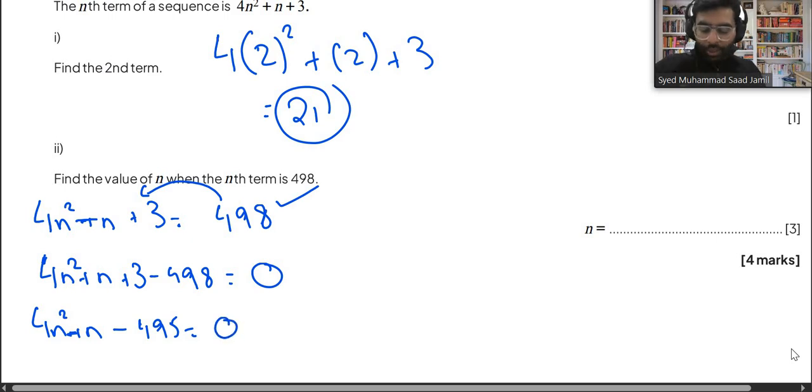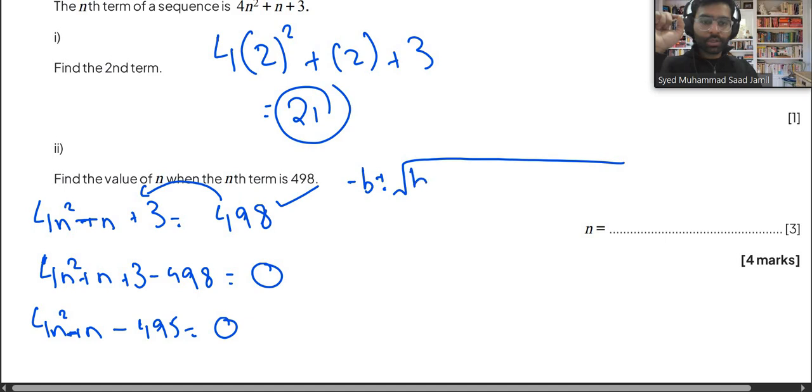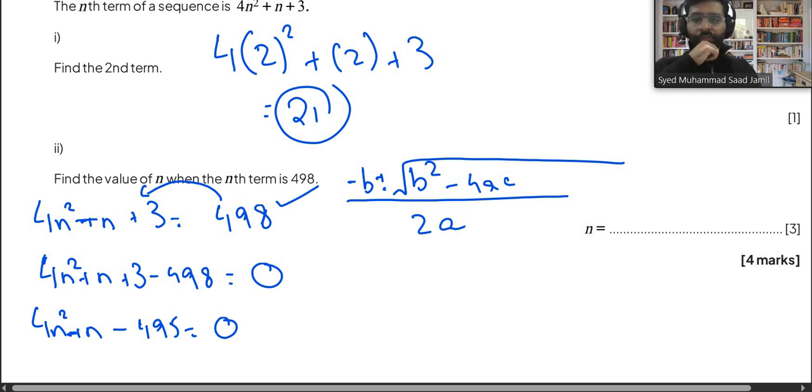Alright. Now we will do something called breaking of the middle term, guys. Or we can use the formula, which is minus b plus minus under root b square minus 4ac upon 2a. So look, the value of a is 4, b is 1, because this is n, which means 1n.